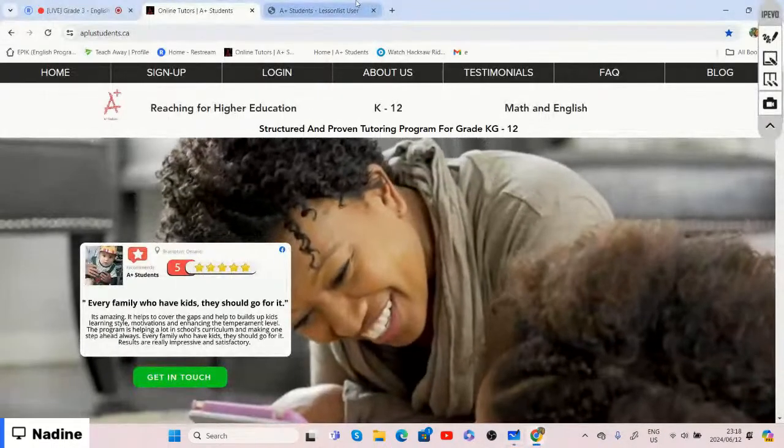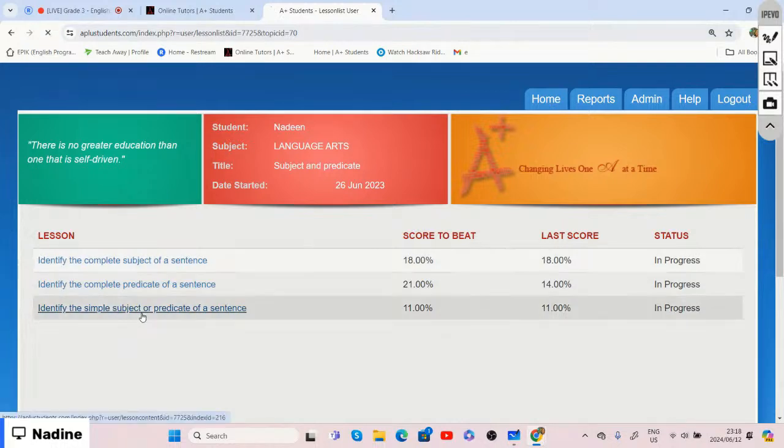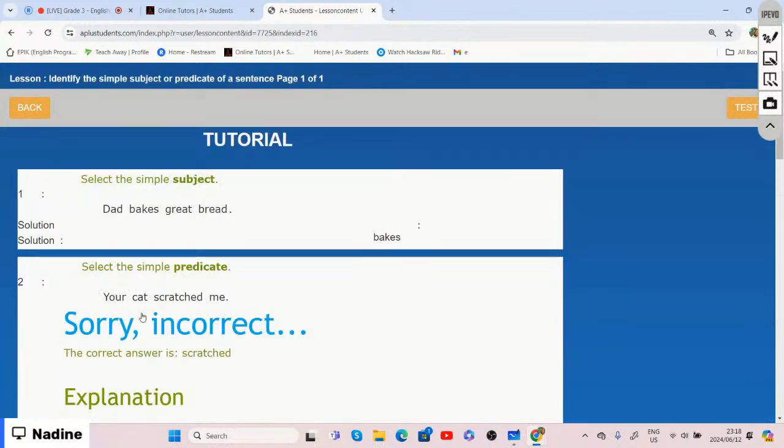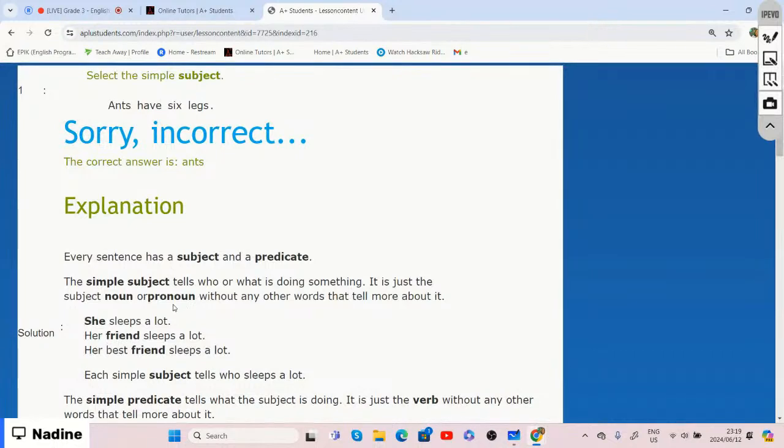All right, so we're going to aplusstudents.ca, and then we're going to the lesson that says identify the simple subject or the predicate of a sentence. All right, so once again, we said every sentence has a subject and a predicate, and then a simple subject, right?